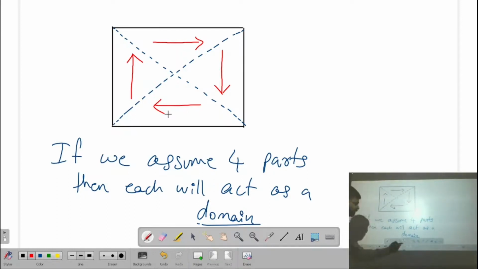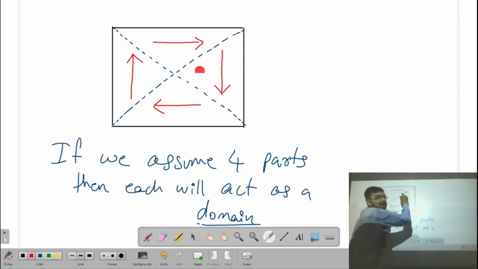Remember, this is nothing but the total magnetic moment of this domain. This is the total resultant magnetic dipole moment of this domain.